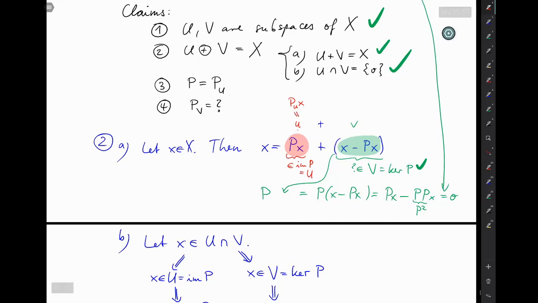Okay, but in our case, we have exactly this decomposition written underneath. You see that this is Px. So indeed, P of u is doing what P is doing. So we can also tick that box.